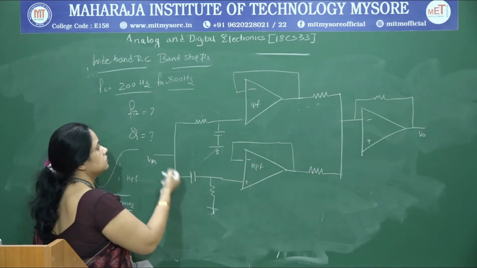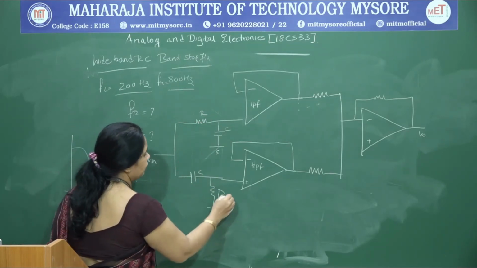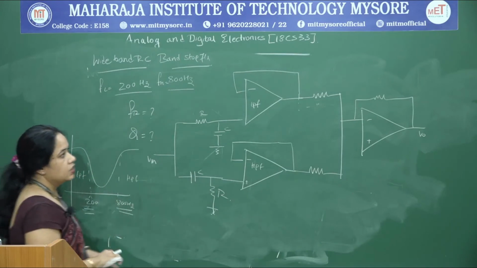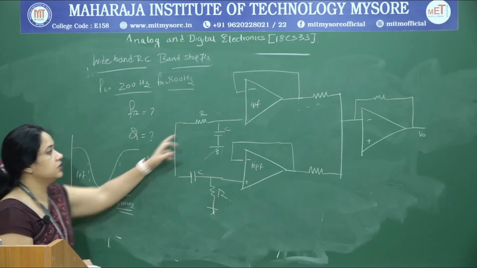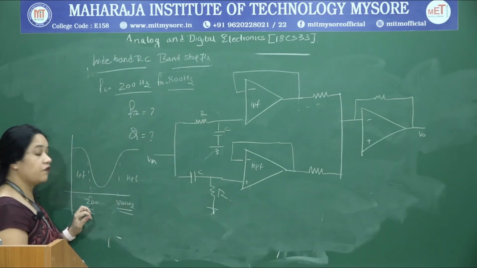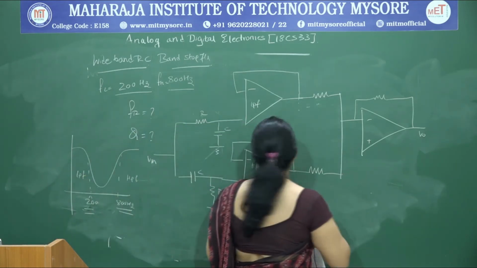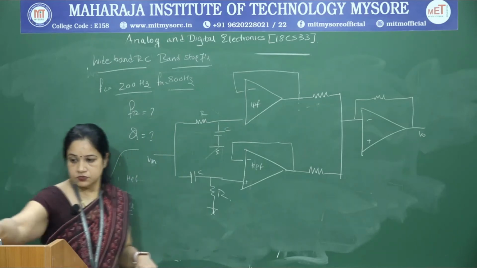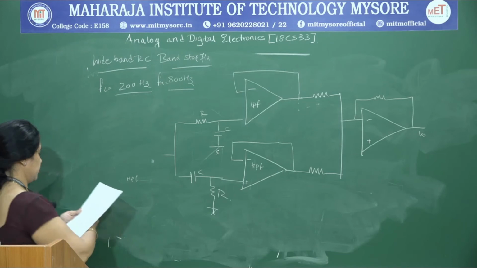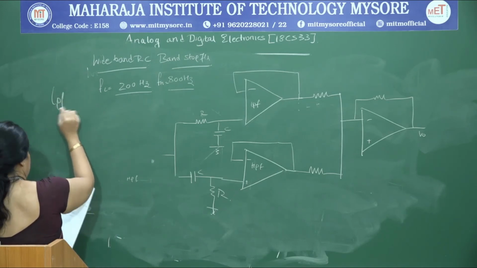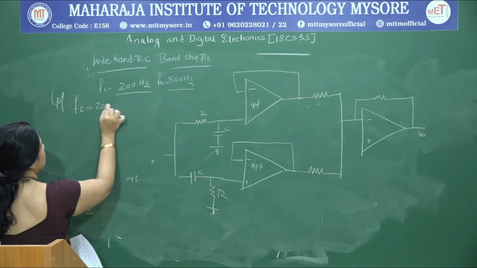Now, the design involves determining the R value and C value for these frequencies. When it comes to the low pass filter, I need to design a low pass filter section for a cutoff frequency of 200 Hz.